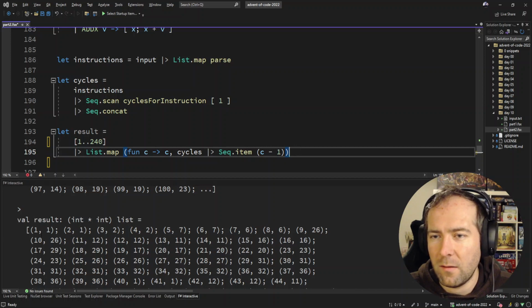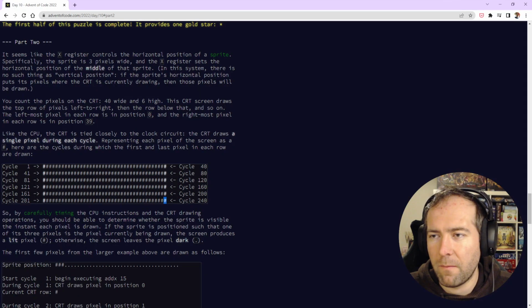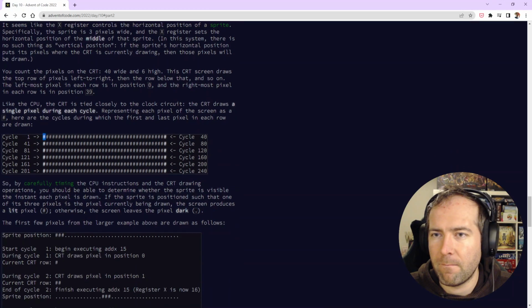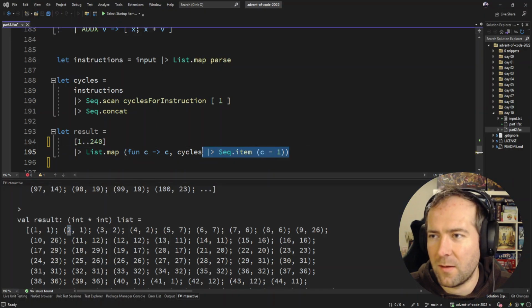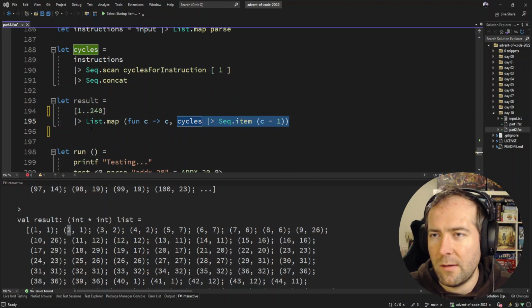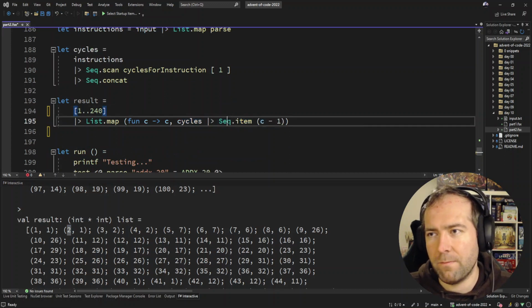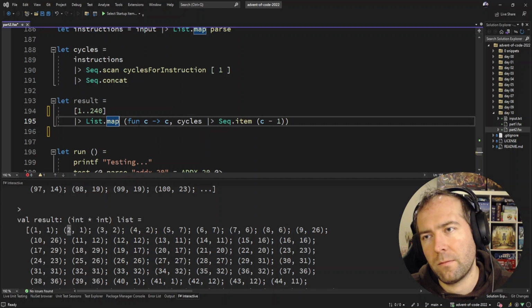Is the cycle number the pixel we're drawing? No, position 0. That's the same problem I had as this. No problem. So this is the cycle value we had at that time. Yeah, it's okay.